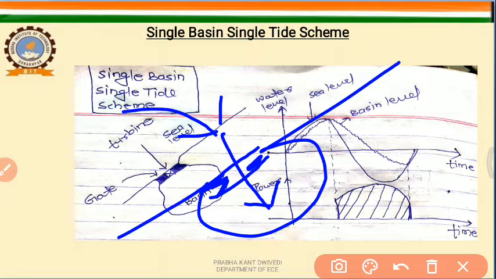So we can utilize this water either when the basin is filling up, or when the basin is emptying. And also we can utilize this water to rotate the turbine in both cycles, in the filling up and also in the emptying. On the basis of this, these plants are classified.